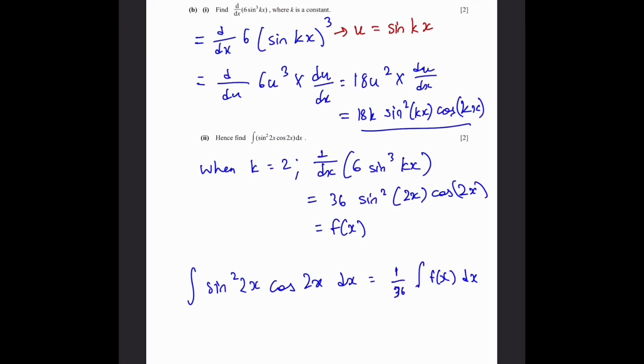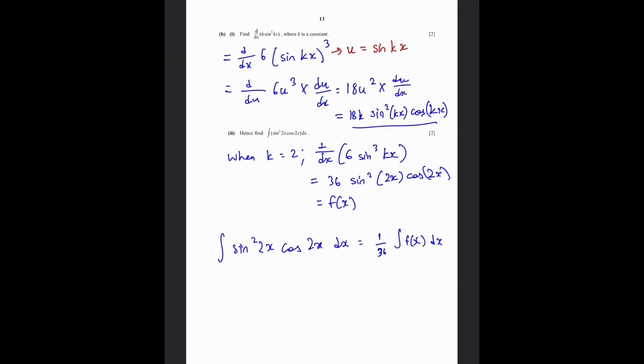Why? That's because f of x is something which involves x, but 1 by 36 does not involve any x. It's a constant. Therefore, we can bring it outside as long as we multiply. So if you multiply inside the integral by a constant, we can just bring this constant outside and multiply it.